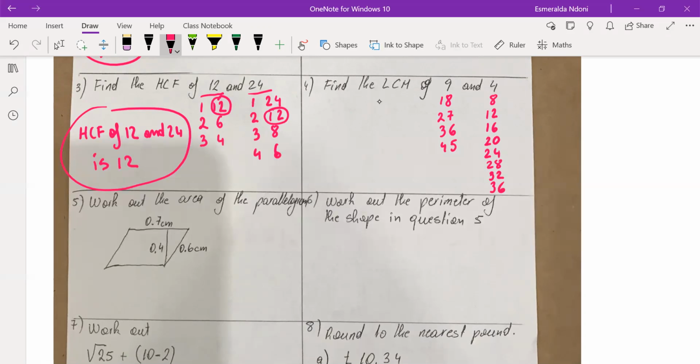Okay, I arrived at a number that appears on both lists. I do not need to move on. I just write that the lowest common multiple is 36. Okay, tick your work or pause and correct.